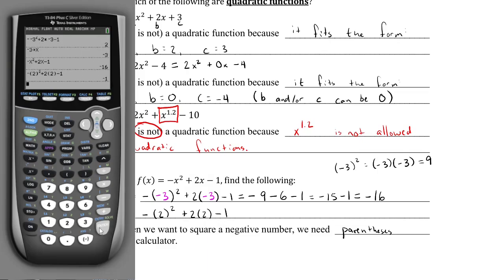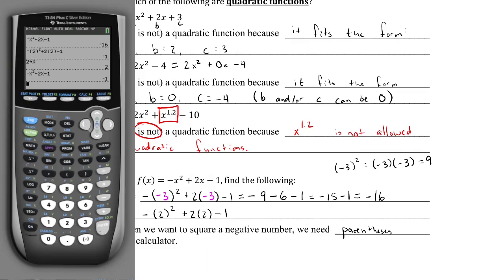But also, if we take the number 2 and store it in x, we can scroll up and grab that expression with an x in it and do it again. And now, because we have 2 stored in x, the calculator will plug in 2 for x. This can be useful, especially if we have a function that's really messy to punch in on the calculator.